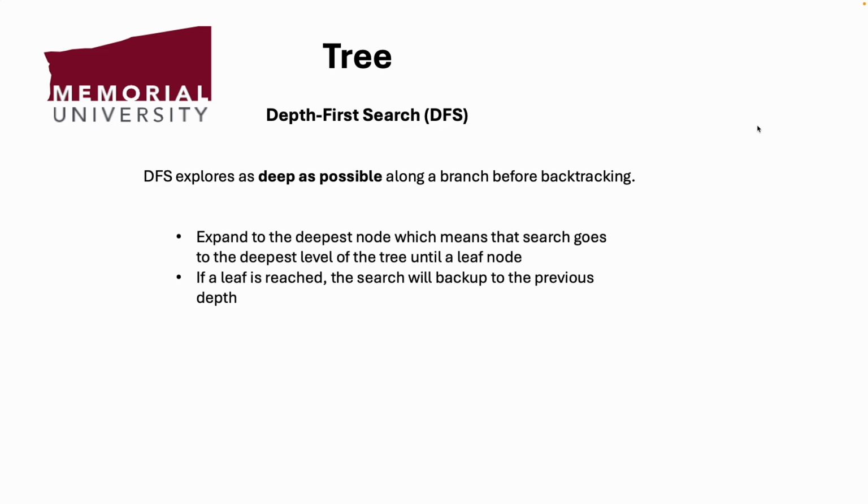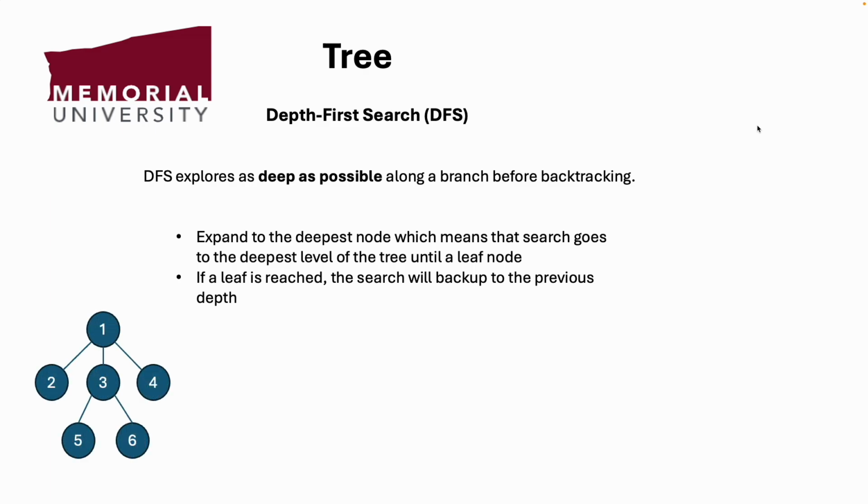The strategy is to expand the deepest node, which means the search goes into the deepest level of the tree until a leaf node. If a leaf node is reached, the search will back up to the previous depth.